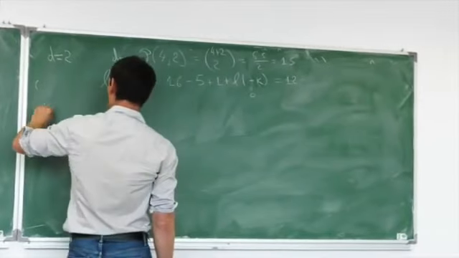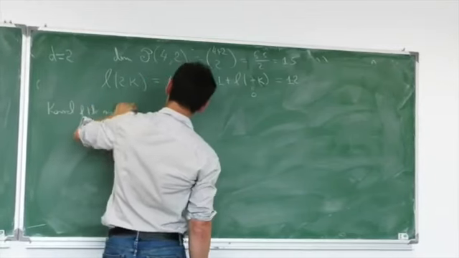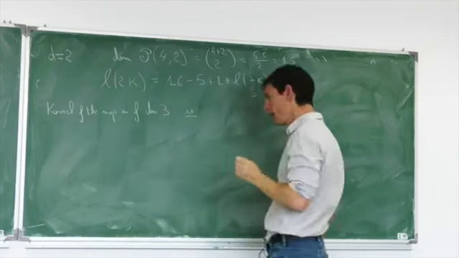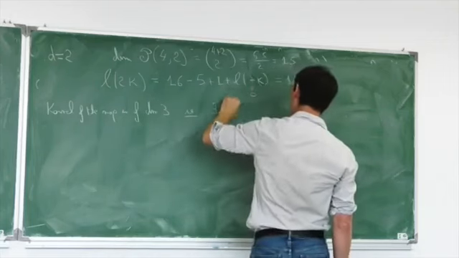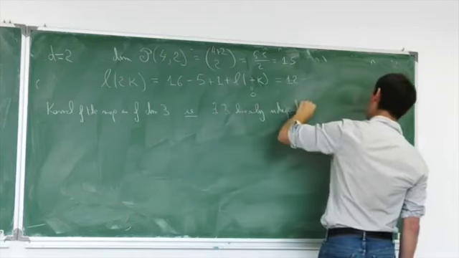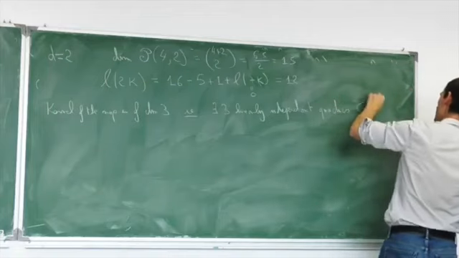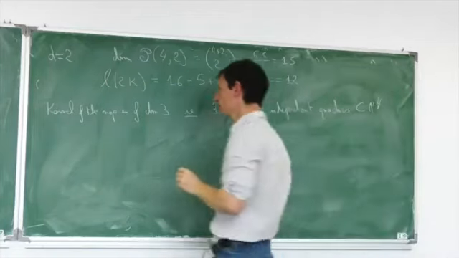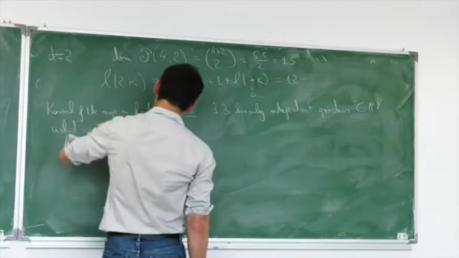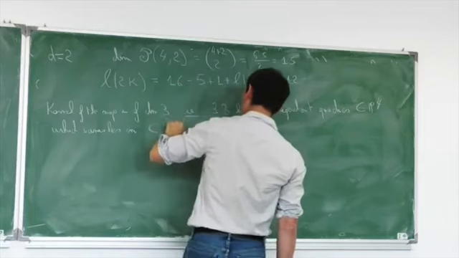So the kernel of the map has dimension 3, which means that there exist 3 linearly independent quadrics inside P4, which vanish on, well, the image of C inside P4.